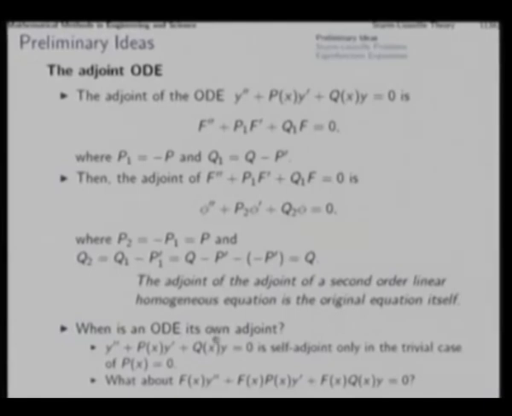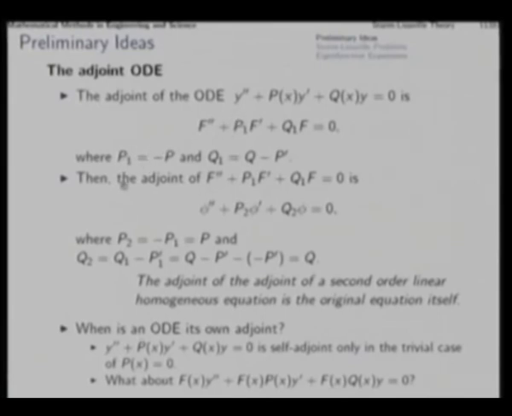So, for asking this question, you have this differential equation and you say that if this differential equation is to be its own adjoint, then its adjoint, which is this equation with P1 and Q1 like this, then you will find that P and P1 have to be equal, but P and P1 are negatives of each other.